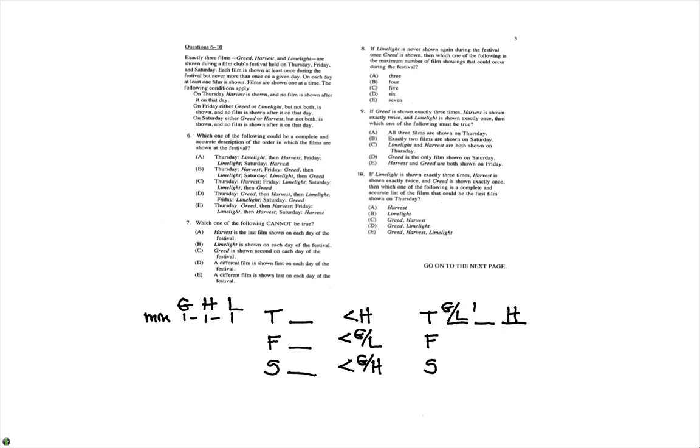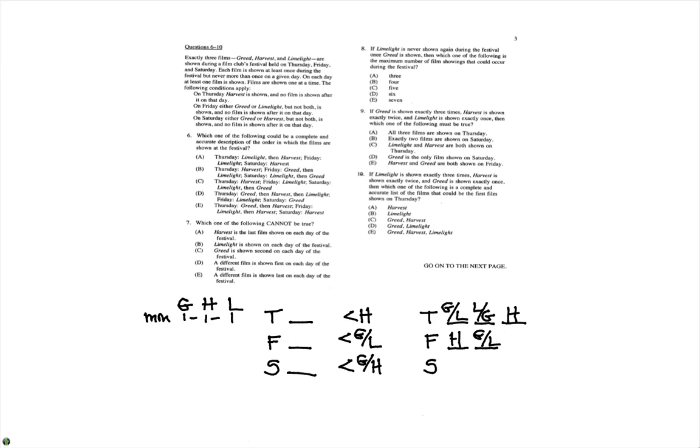On Friday, the maximum we can have is 2 because it's either going to be Greed or Limelight, the other of which would be out because of "not both." The only variable remaining would be Harvest. Saturday, same idea, Greed or Harvest.